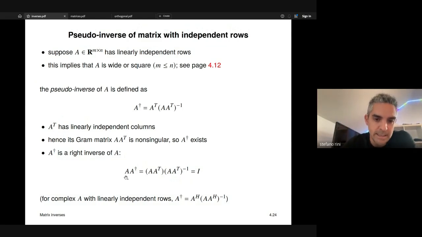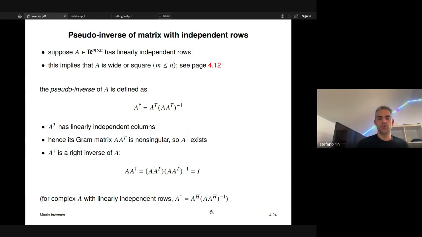So A times A dagger is the right inverse. The A dagger comes from the right. And this is true because the A times A transpose gives you a square matrix, and then you have this minus 1. When you take this product, it goes to the identity matrix. And if we have a complex matrix, we just put the Hermitian.